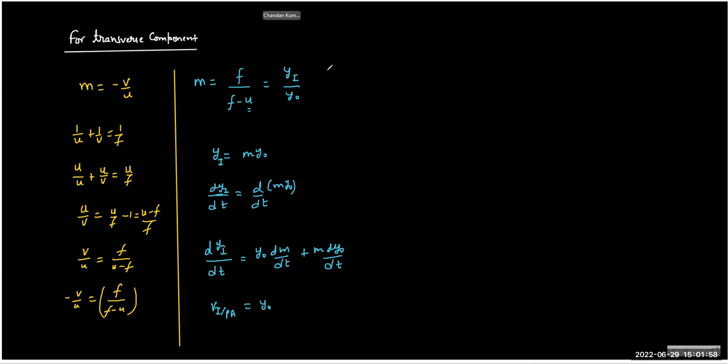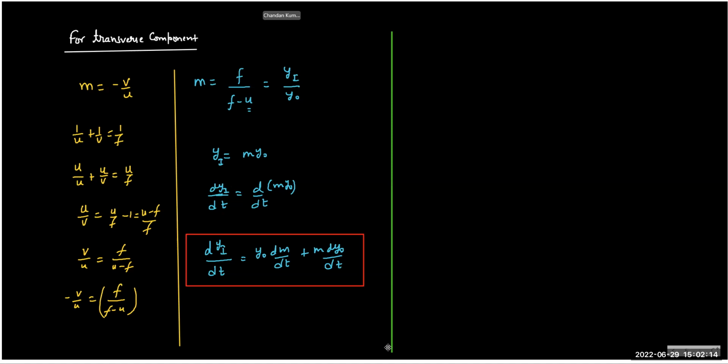Now dm by dt we can actually calculate separately. So let me keep it like this. And let's calculate the dm by dt. So for that we can use this relation.